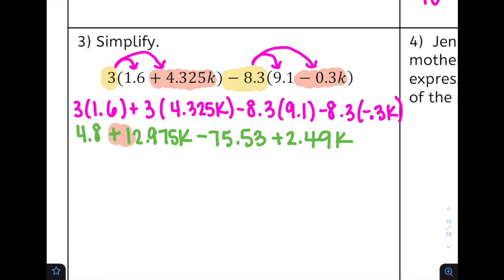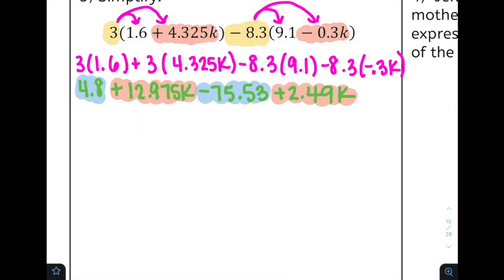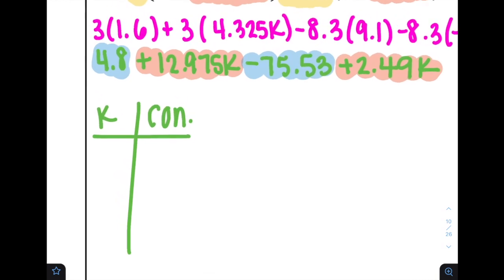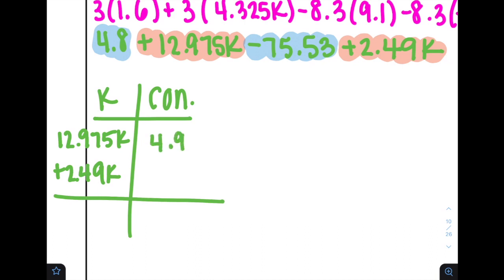So I'm going to move around my like terms. These are all the same. I can use my table if I want, or I can just move them over and then combine them. That's up to you. So my k values, 12.975k plus 2.49k. Then I have 4.8 minus 75.53.